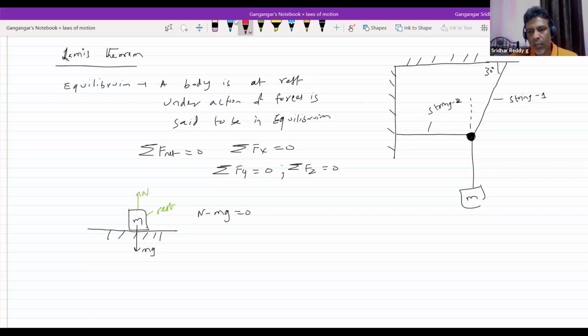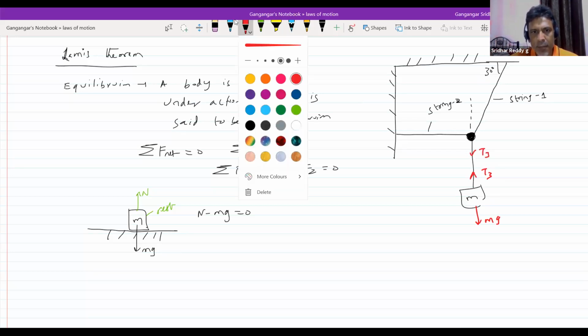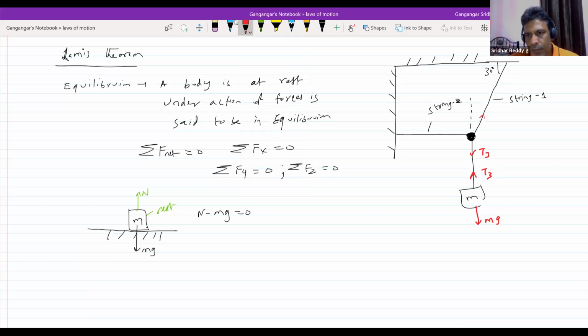Okay, now what is the state of the block? It's in equilibrium, no? So we'll balance here: tension T3 will balance mg. So here tension T3 will act here. Then come for this one. So here tension T2. So this is 30 degrees.